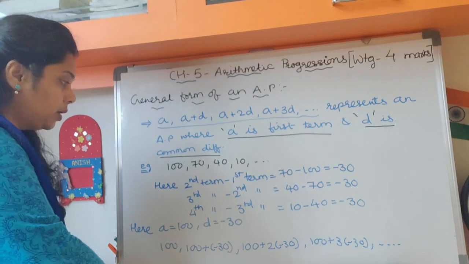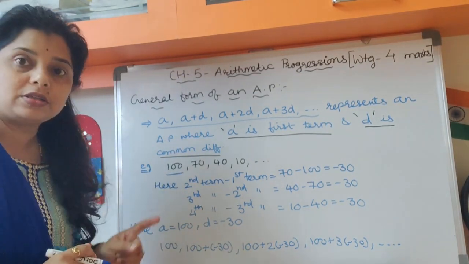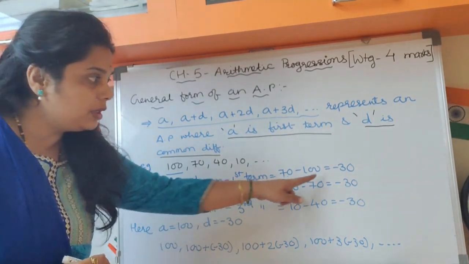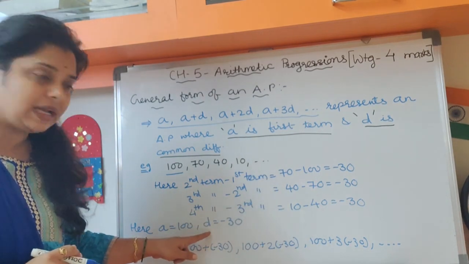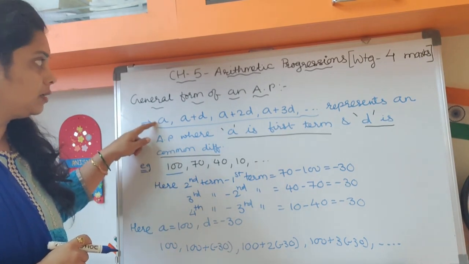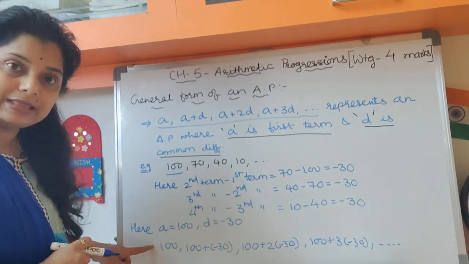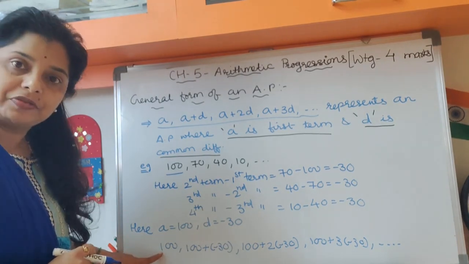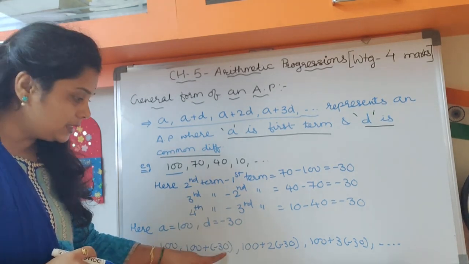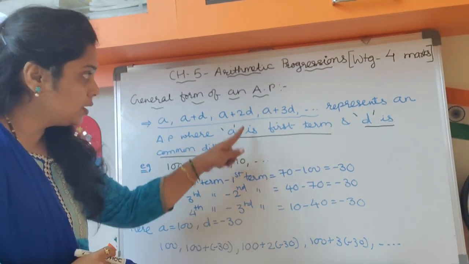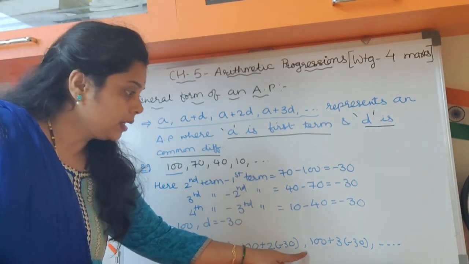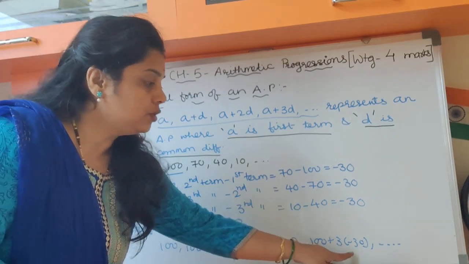So here the first term, which is small a, is 100, and the common difference we got is minus 30. If we apply the general form to this example, then 100 is the first term, a, then a plus d, which is 100 plus minus 30, then a plus 2d, which means 100 plus 2 into minus 30, then a plus 3d, 100 plus 3 into the common difference.